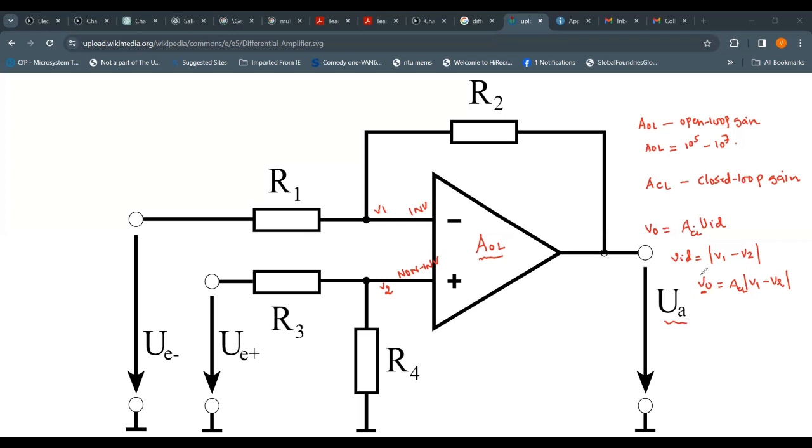In that case, VO would be AD, that is the differential gain, or rather the open loop gain, multiplied by VID. So that's when you don't have a feedback.